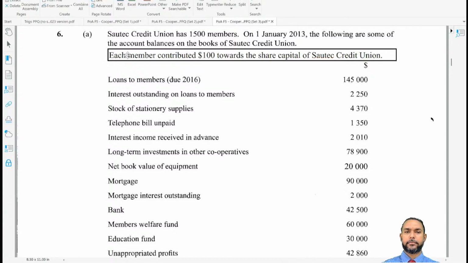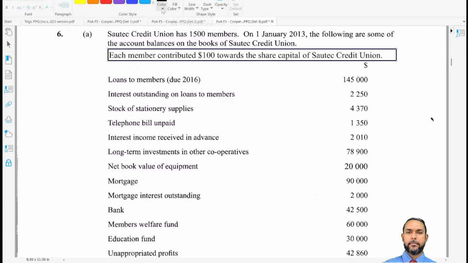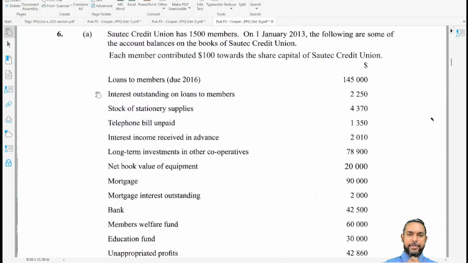All right, cool. All right, so each member contributed $100 towards the share capital of Soltec Credit Union, right? So let's see if we can fill it in there.